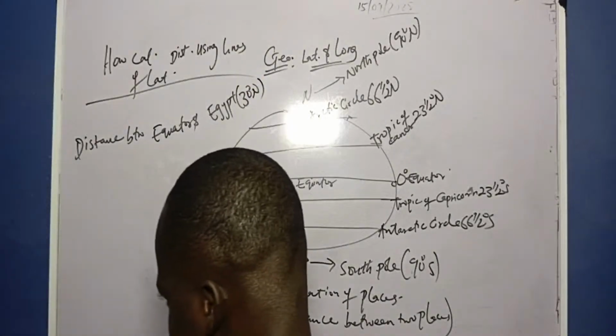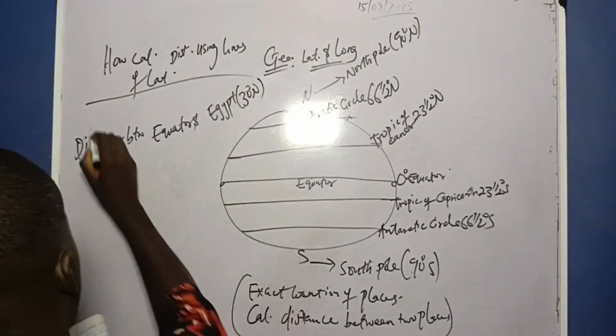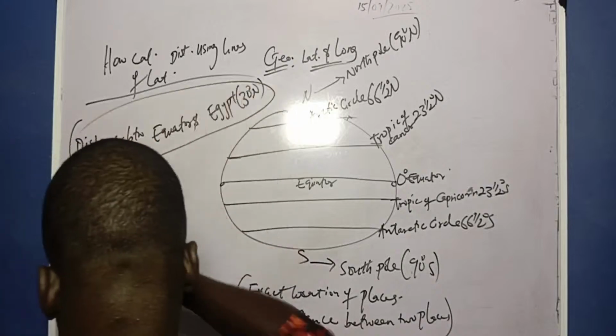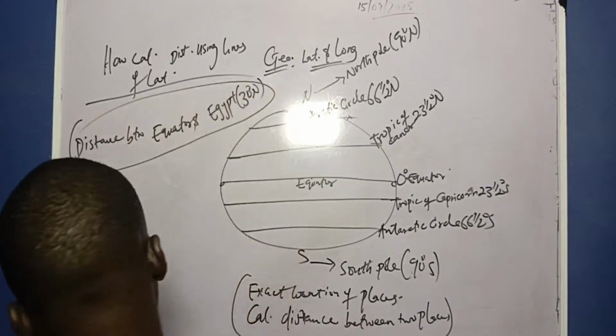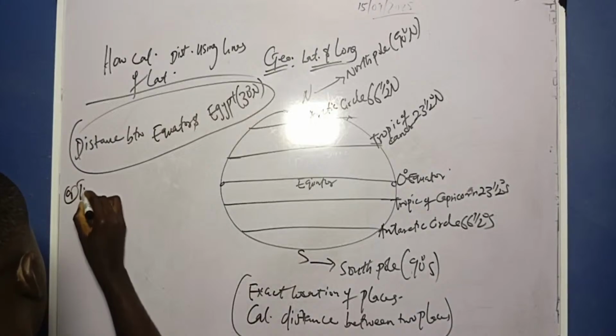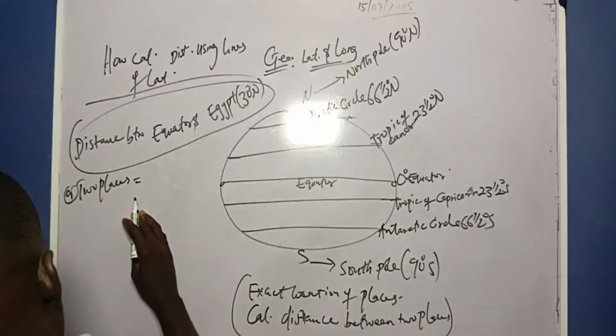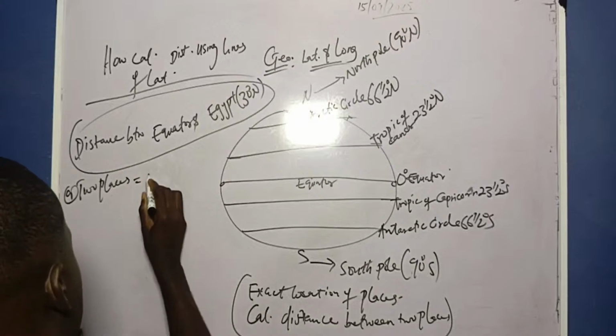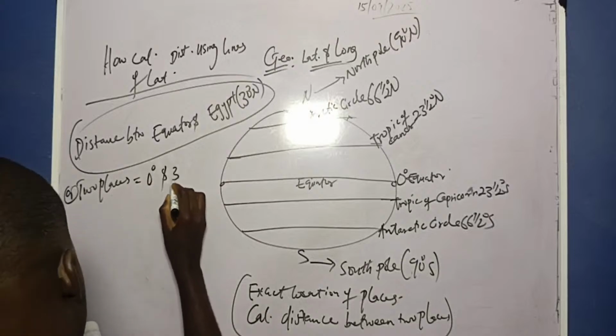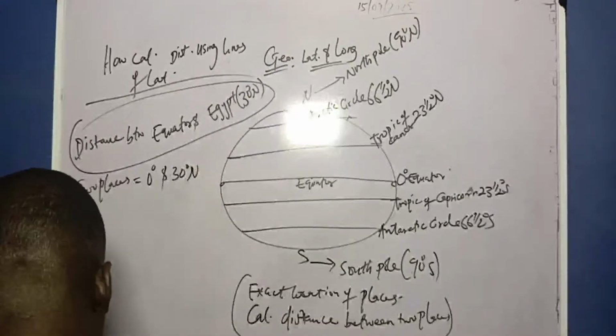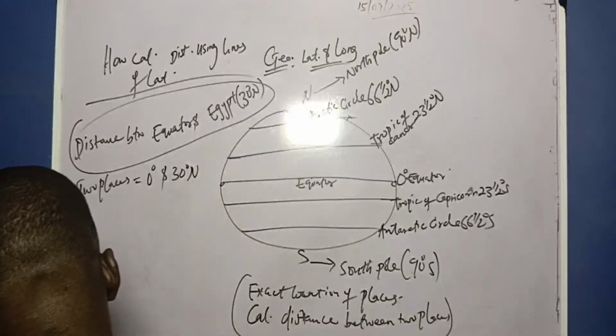How can I get this distance? The two places involved have latitudes of 0 degrees and 30 degrees north.